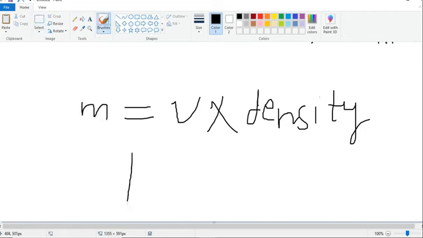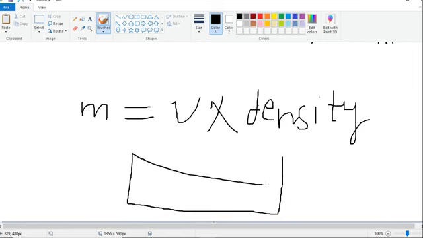Volume, let's suppose this is our jar or anything else which can basically store some element, any type of liquid or solid. So what will be its volume?